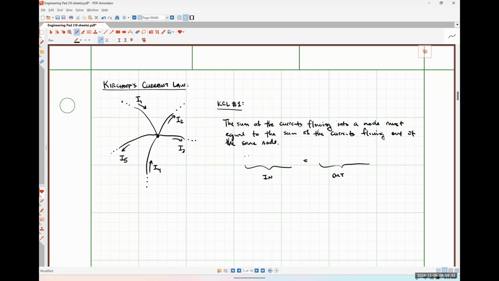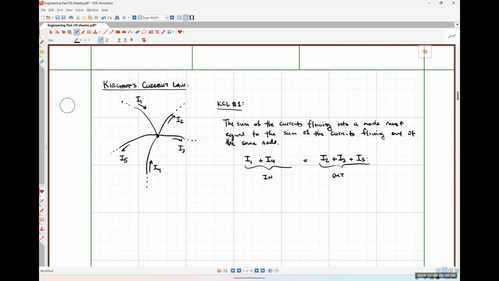So I1 is flowing in, I2 is flowing out, I3 is flowing out, I4 is flowing in, I5 is flowing out. So that's what my KCL expression would look like. Anybody have any problem with that? Okay.